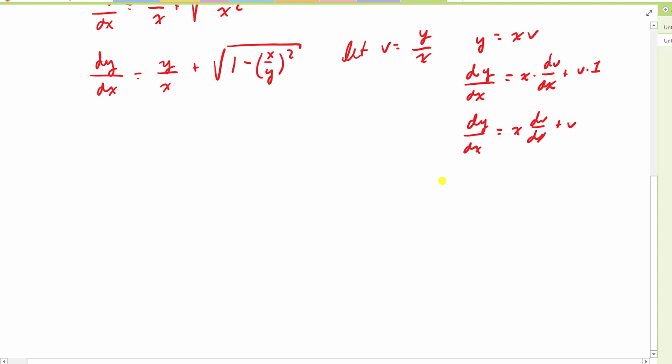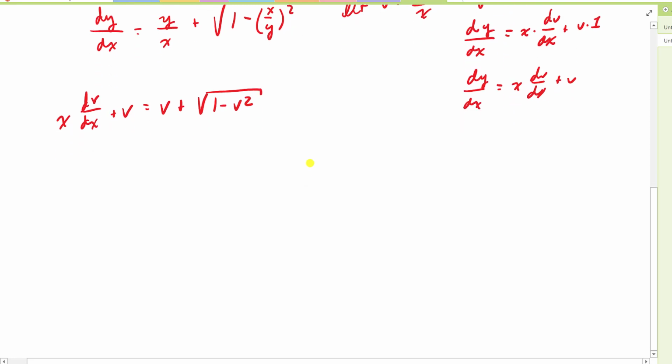So going ahead and making our substitutions right here, we're going to replace dy/dx with x dv/dx plus v. Oops, I'm sorry, x dv/dx is equal to v plus the square root of 1 minus v squared. Notice in this case the v's cancel.